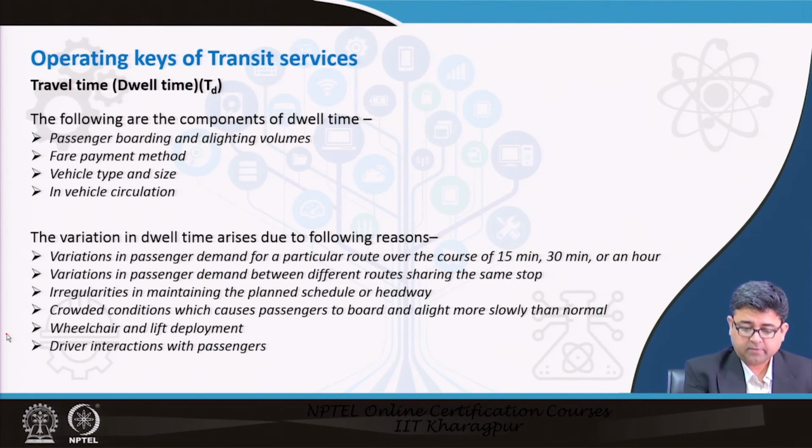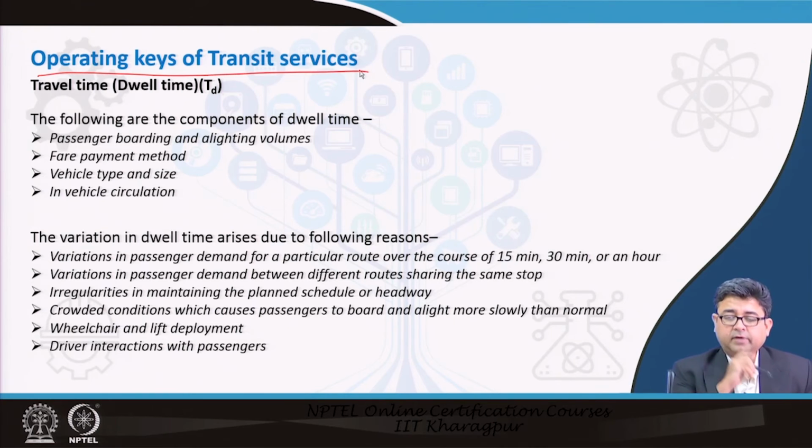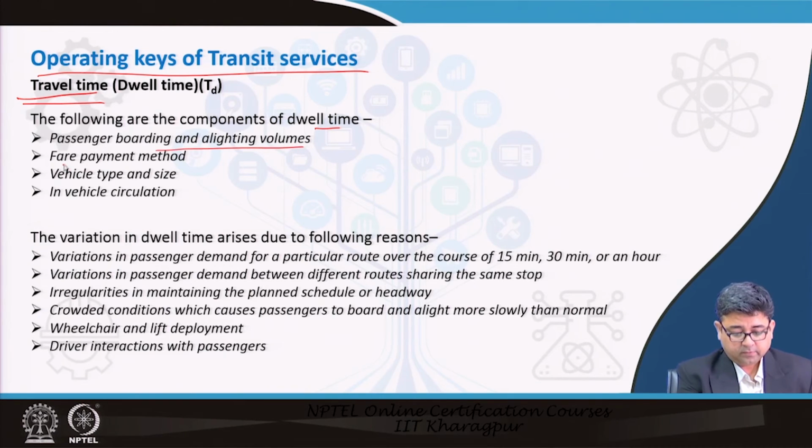Let us look into some of the operating keys of transit service. Dwell time is a very important factor, as we have already mentioned. There are 4 different components to dwell time: passenger boarding and alighting volumes, fare payment method, vehicle type and size, and in vehicle circulation, right.